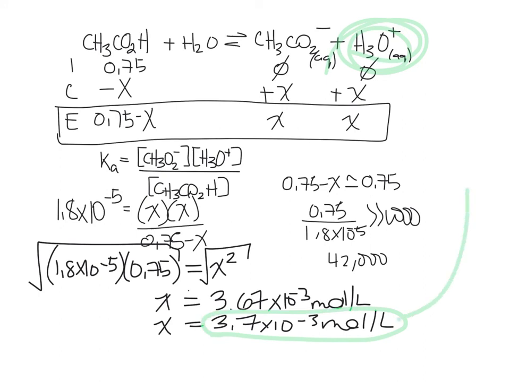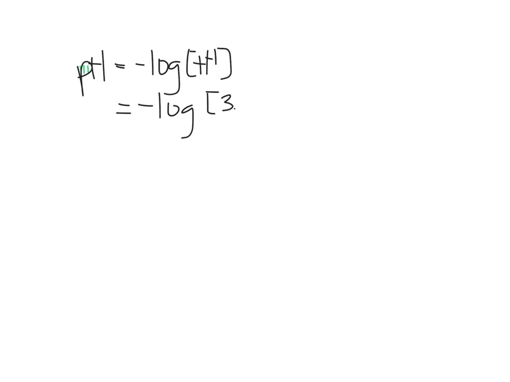So if we take the negative log of 3.7 times 10 to the negative 3, we will have our pH. So our pH is 2.43.